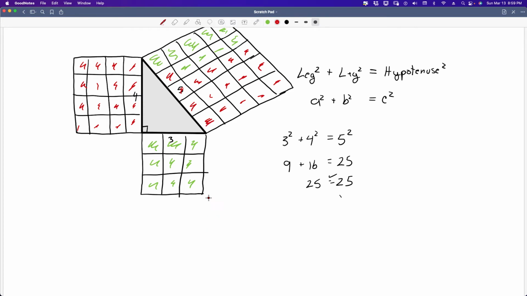Would you look at that? 5 by 5 is equal to 4 by 4 plus 3 by 3. And it holds true for every right triangle.